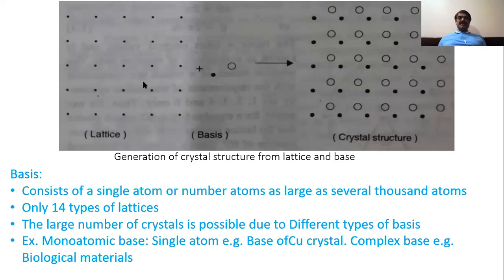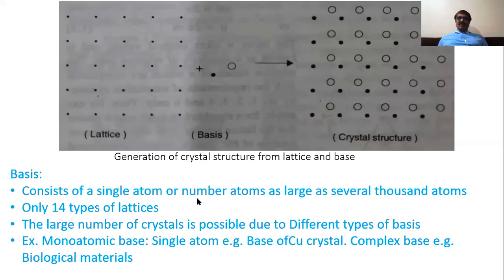Okay, so this lattice plus basis gives rise to a crystal. Now what has happened is that every lattice point is replaced by a group of two atoms. So this lattice point is replaced by this group here, this lattice point is replaced by this group, and in this way a complete crystal structure is built.